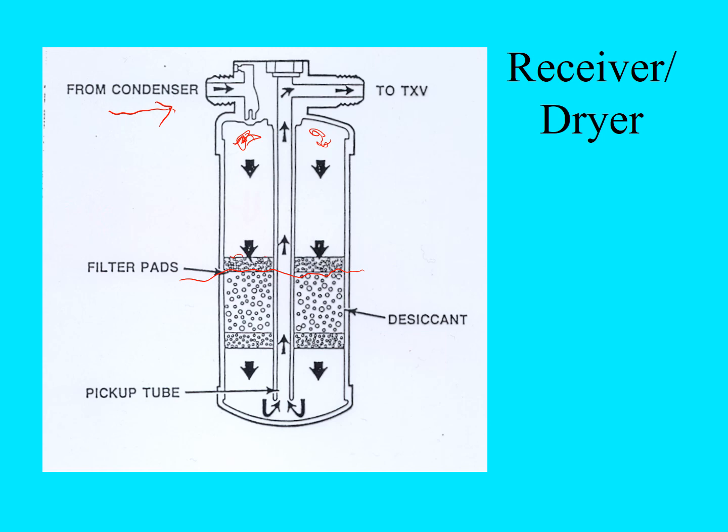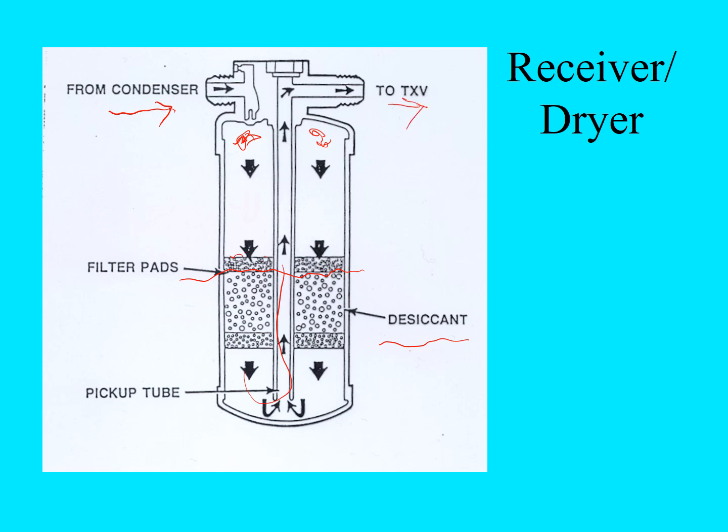So we have the liquid refrigerant going through the filter pads. This also contains desiccant to pick up any moisture. That's what the desiccant's there for, and it would pick up any moisture that was in the system. Then the liquid refrigerant would accumulate and be moved on to the TXV valve.